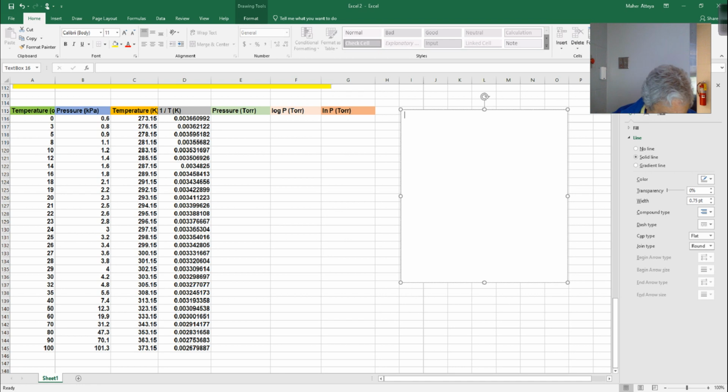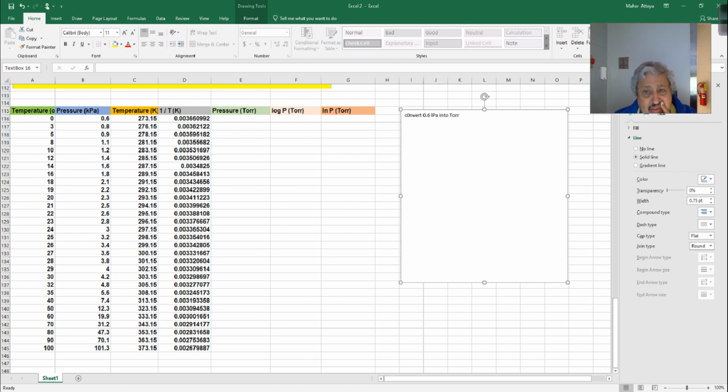So the problem is convert 0.6 kilopascal into torr.